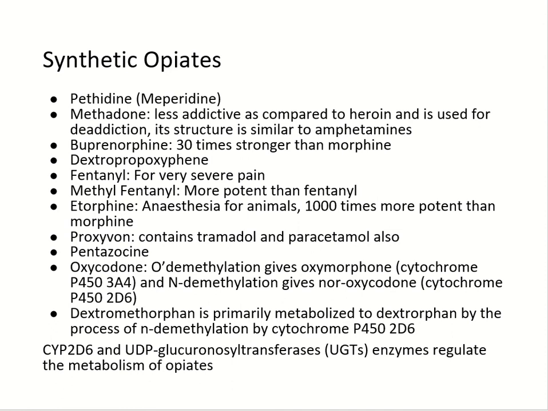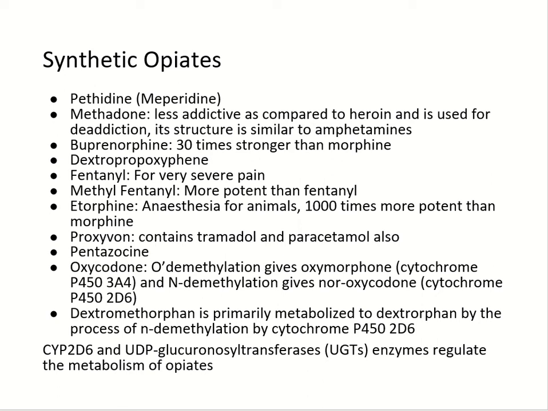Synthetic opiates are pethidine or meperidine, and methadone, which is less addictive as compared to heroin, and it is used for the withdrawal of heroin. Methadone structure is similar to that of amphetamines. Another one is buprenorphine, which is 30 times stronger than morphine.